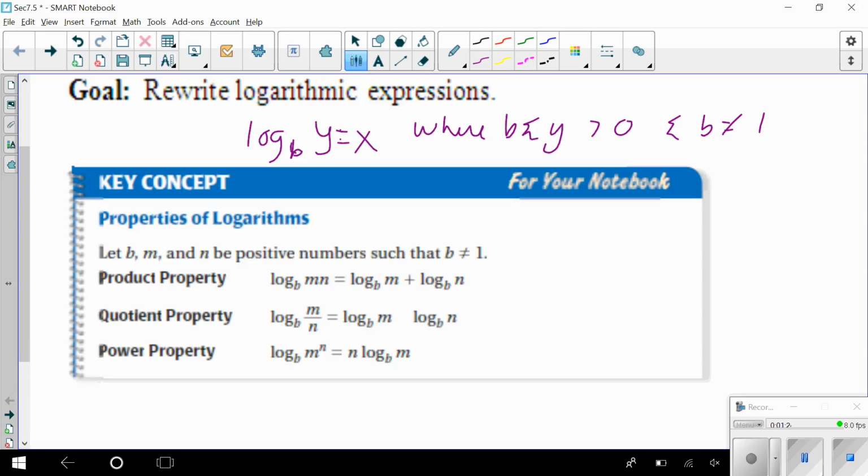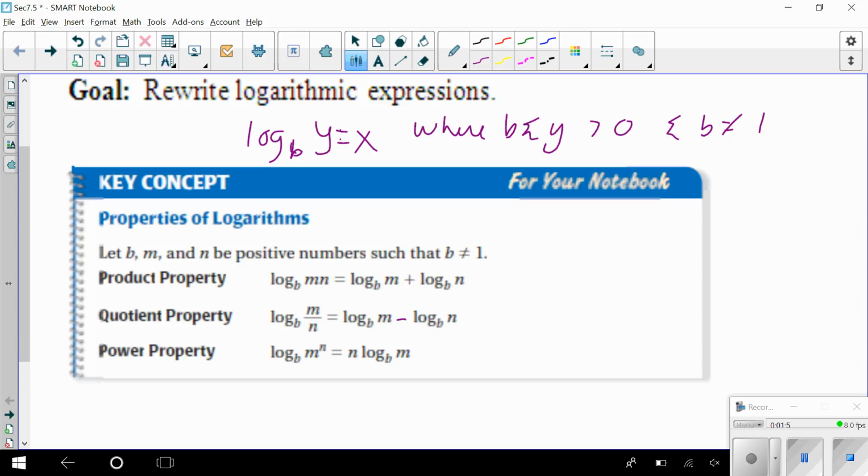The quotient property says that if you're taking the log base b of some number divided by some other positive number, it's the same as log base b of m minus log base b of n. And then the last one, the power property, log base b of m to the n power is the same as n times log base b of m.